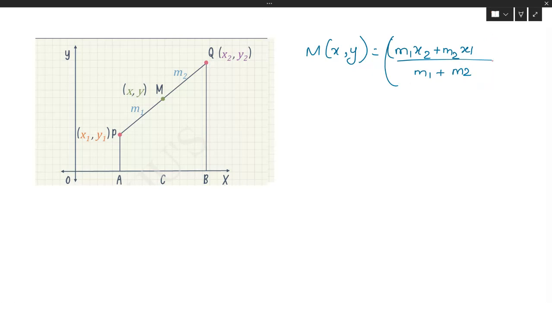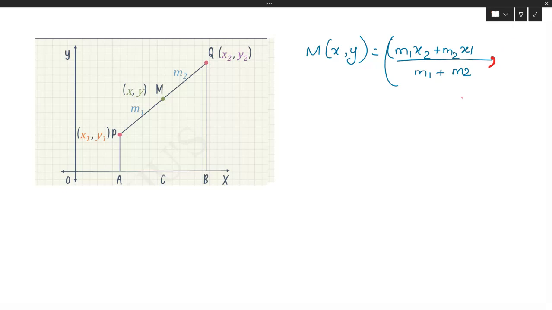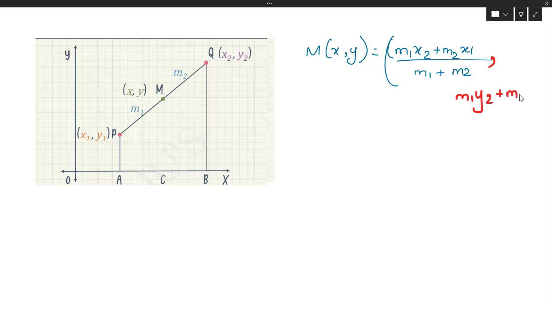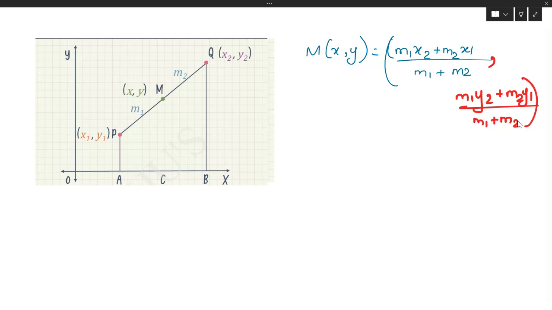Now what is m? That is the very valid question here. Similarly for y also the same thing is there. Comma, we can put here (m1 y2 plus m2 y1) upon (m1 plus m2). So we can find out y also. M is the midpoint.